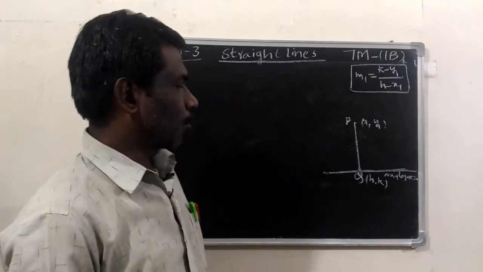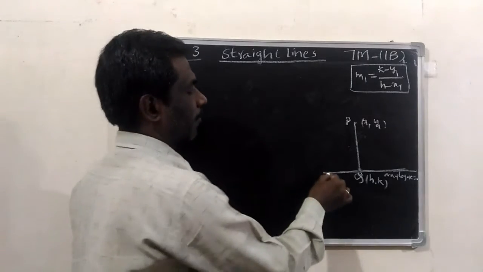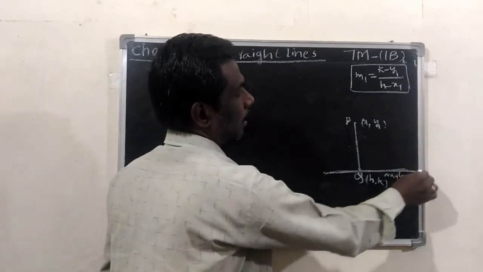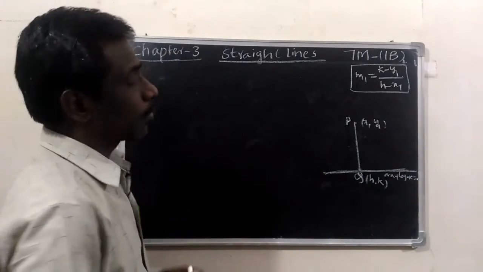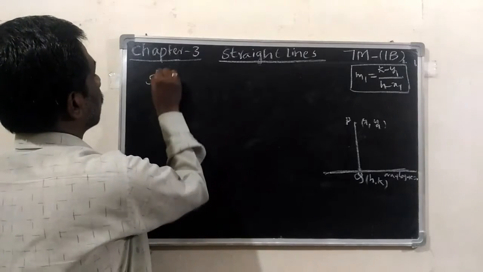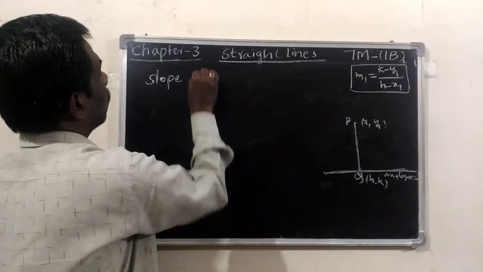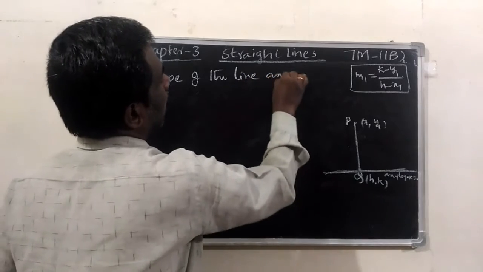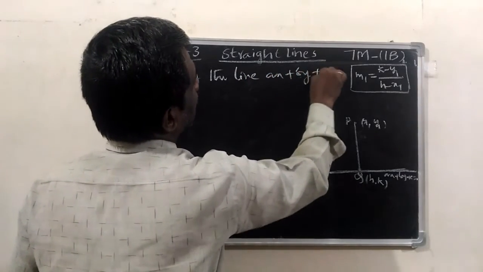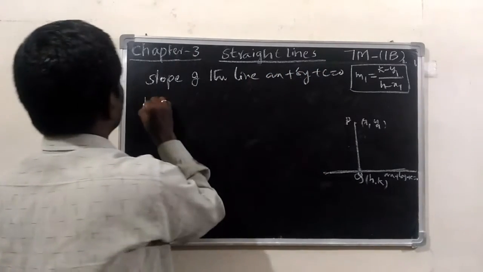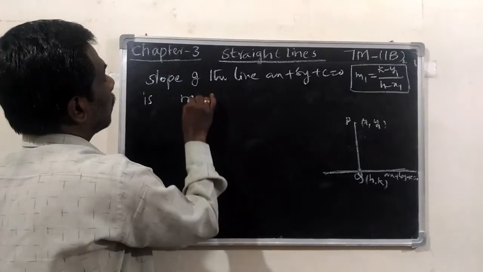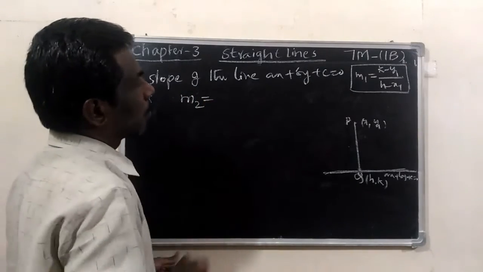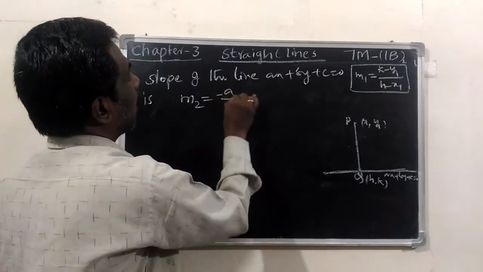Now I am going to find the slope of this line, ax + by + c = 0. Slope of the line ax + by + c = 0 is m2 = -a/b.